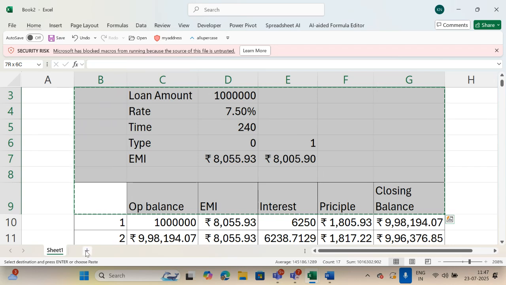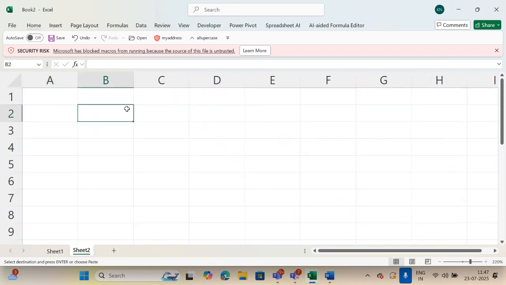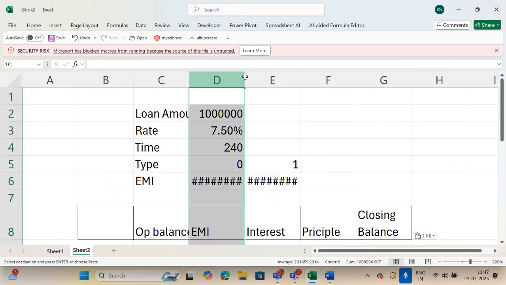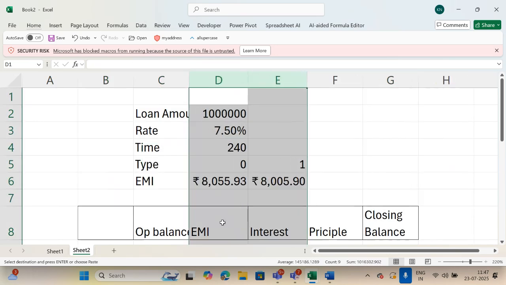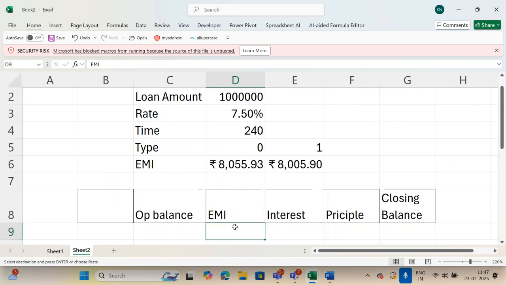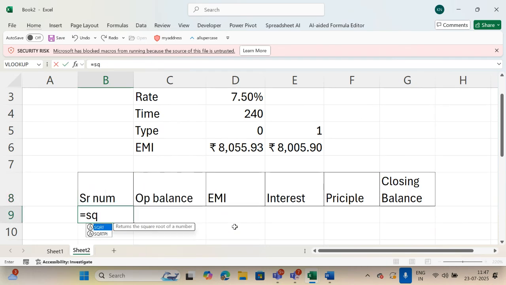I'm going to create it in a new sheet and show the advantage of the other functions. Suppose I don't want to calculate manually, and I'm using the function equal to sequence.